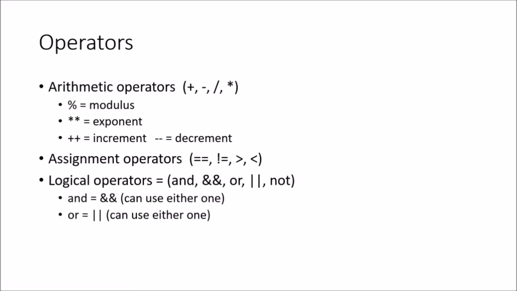Next are your operators. Your arithmetic operators are pretty much the same as what you would see in Java and C++ that we've seen so far. The plus, the minus, division, multiplication.